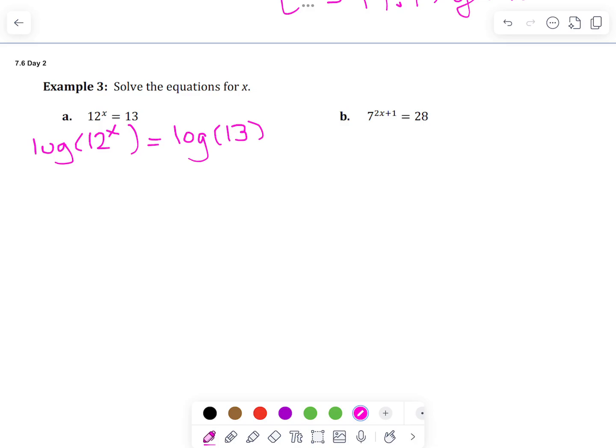Then we can use our power property and bring this exponent down in front.